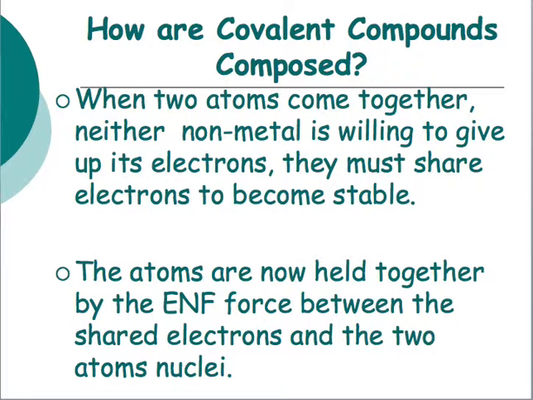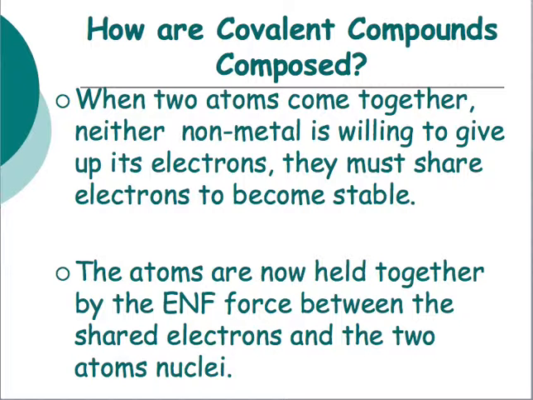So the end result is when they come together, neither nonmetal is willing to give up its electrons, so they must share electrons to become stable. Once again, we're talking about covalence and sharing, and we are looking for that stability. The atoms are now held together by the effective nuclear force between the shared electrons and the two atoms' nuclei.